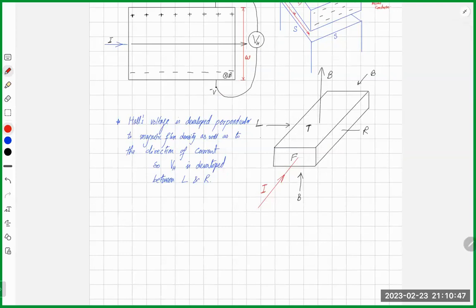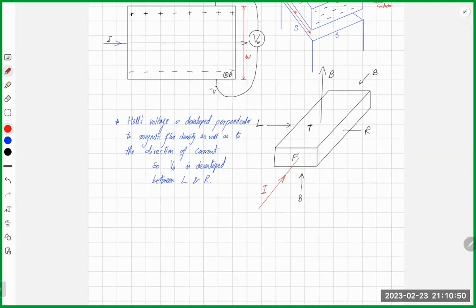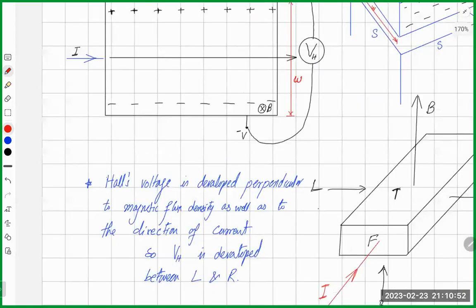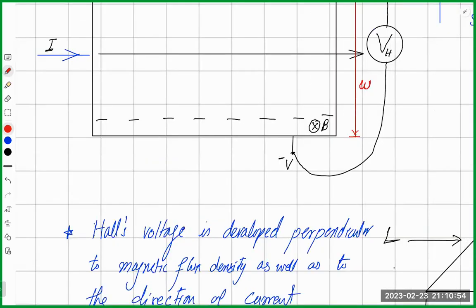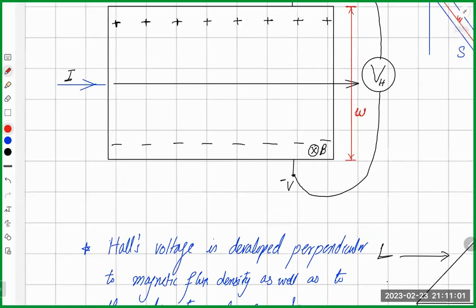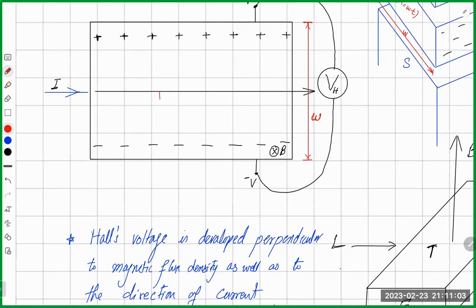So this Hall voltage at a distance W should develop an electric field. See, when current starts moving in a straight line, it means the force because of the electric field is balanced by the magnetic force BQv, where v is the speed, the drift velocity.